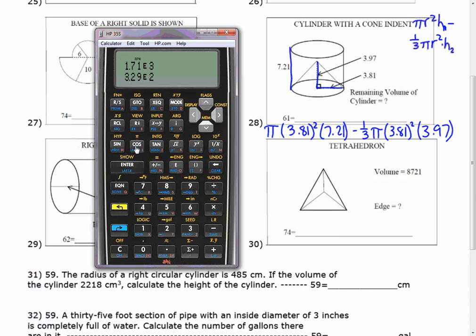We'll do yellow pi, 3.81 blue squared times 3.97 times, get your 3 divide, that's your 1/3 of it, and then we want to subtract it from that cylinder, so we'll hit minus. We get 2.68 times 10 to the second, or you could write it with the decimal moved over twice, and you get 268.